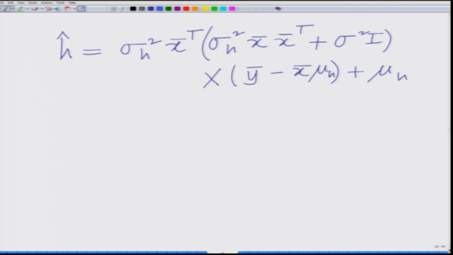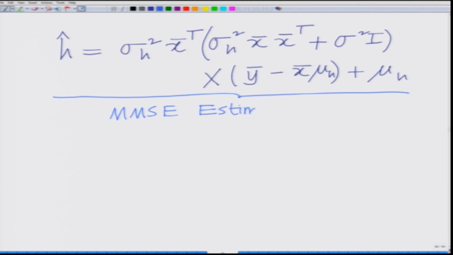This is the MMSE estimate of the channel coefficient h, correct.